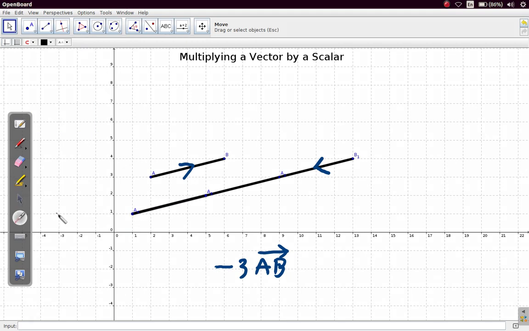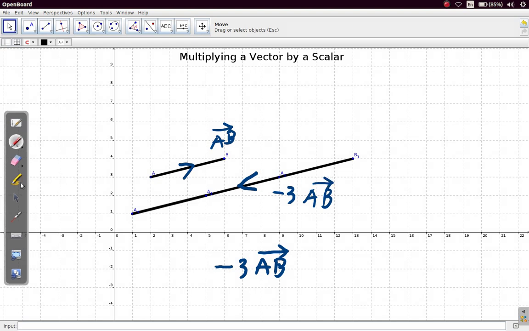Now, all of this from here to here is 3 times longer than this. But guess what? It's in the opposite direction. Let me remove these arrows and place the arrows somewhere in the middle. Here. So, if this here is vector AB, then this is negative 3AB. Right? So, going all the way here, negative 3AB.